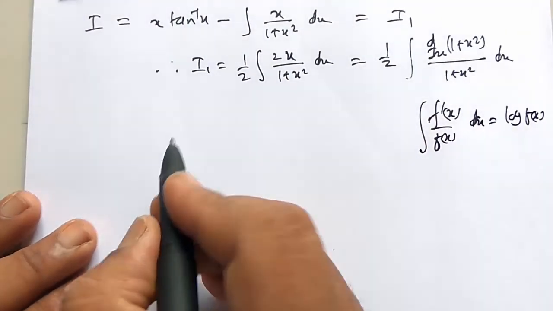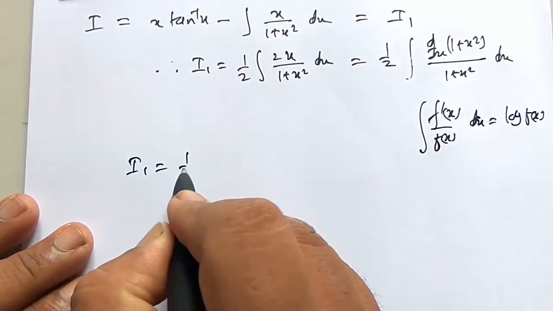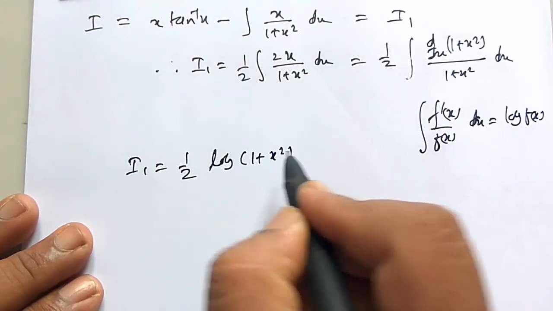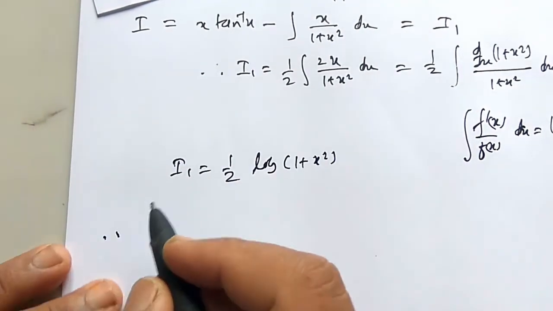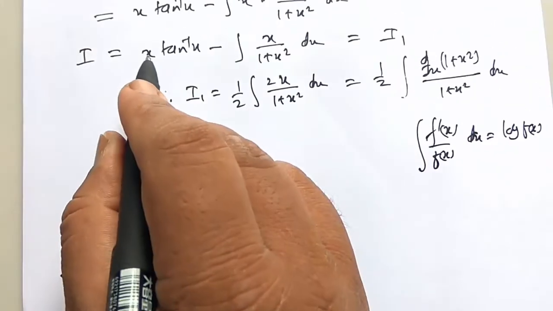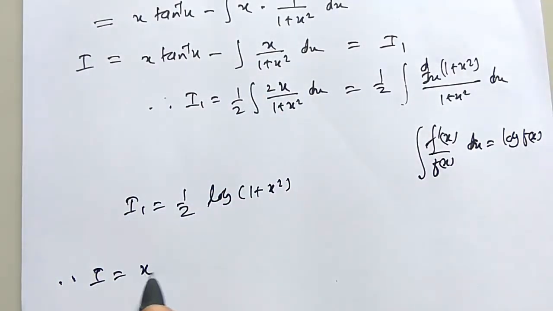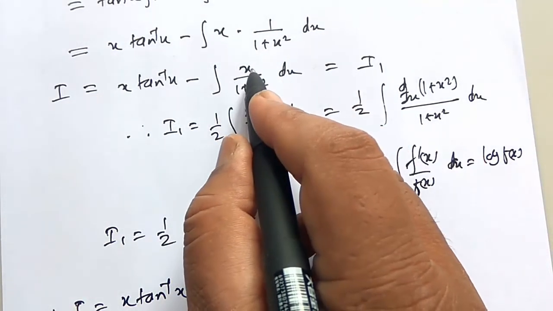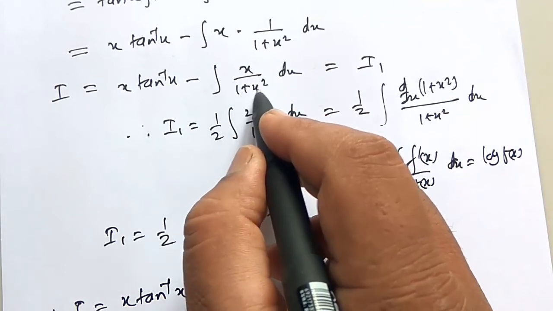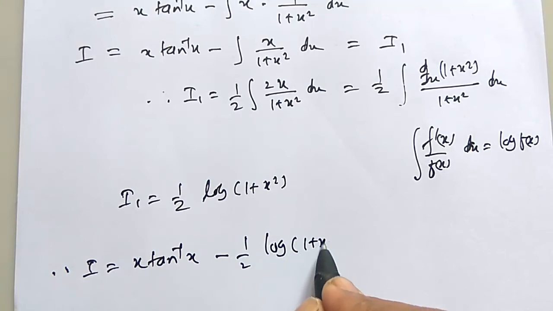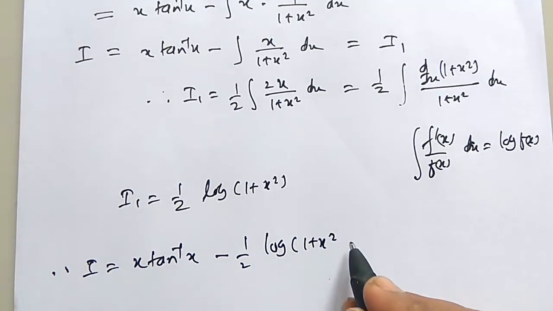So using this, I1 is equal to 1 by 2 log of 1 plus x square, and therefore I, the given integration, is equal to x tan inverse x minus 1 half log of 1 plus x square plus c.